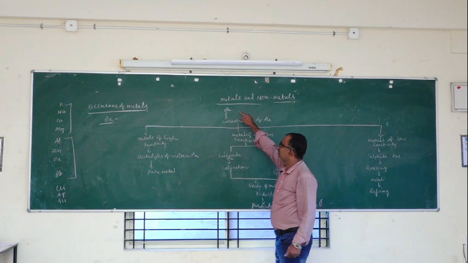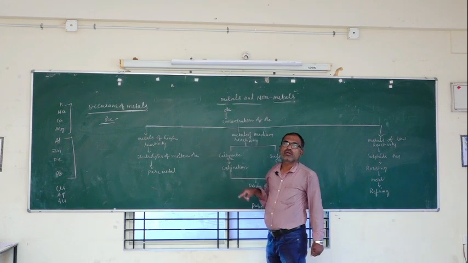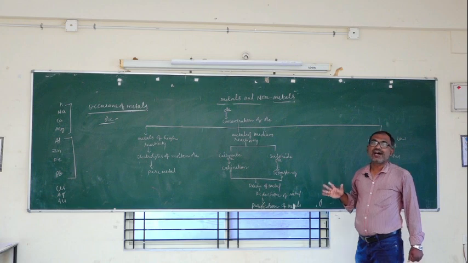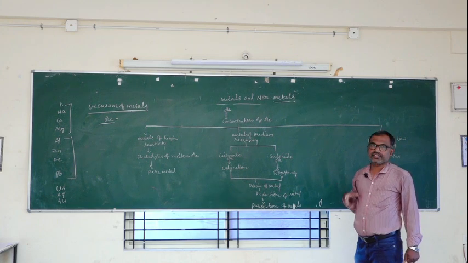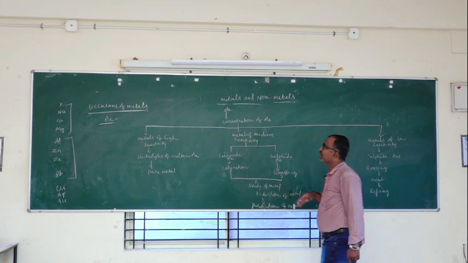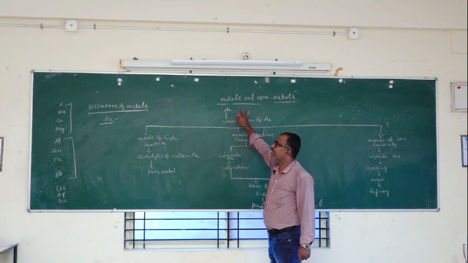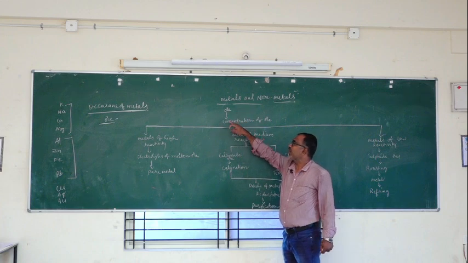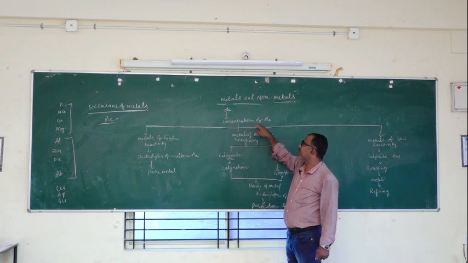Here first we are going to get the ore. Ore is a mineral that we get from the earth's crust. Suppose we get an ore, the ore has to be concentrated.